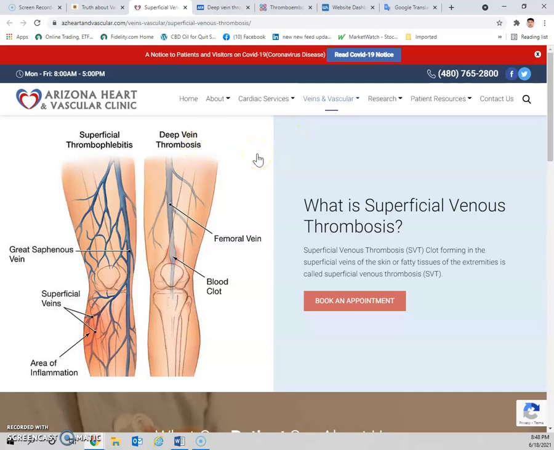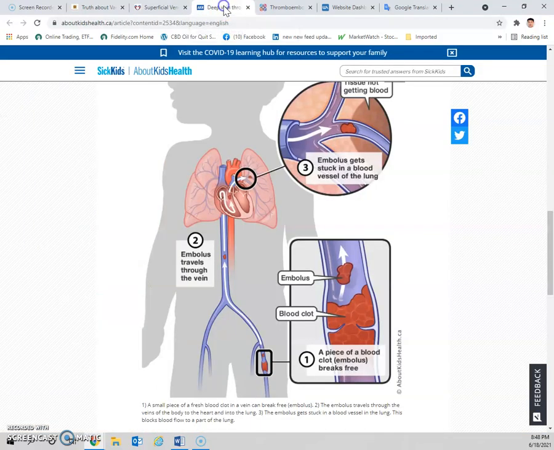Deep veins carry about 90% of the blood going back to the heart. And also, a deep vein clot is the major cause of pulmonary embolism.